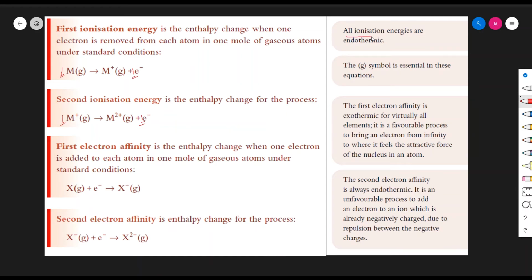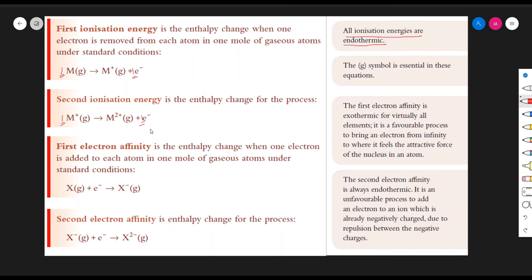All ionization energies are endothermic processes because you require energy to overcome the attraction between the nucleus of an atom and its valence electrons, and thus energy is required to remove an electron from its valence shell, whether it's first, second, or any other successive ionization energies.